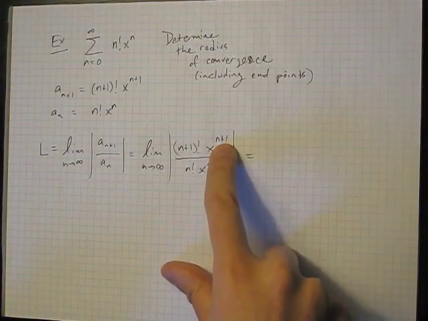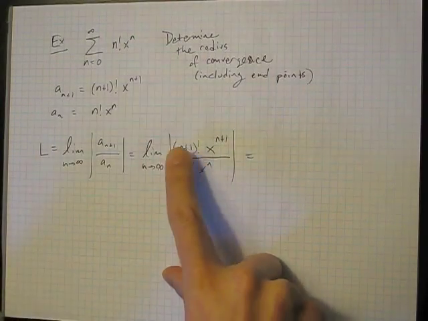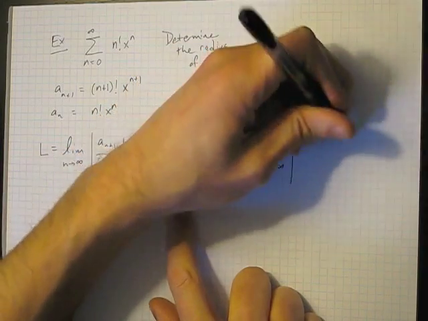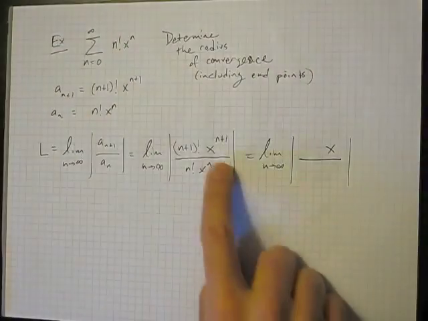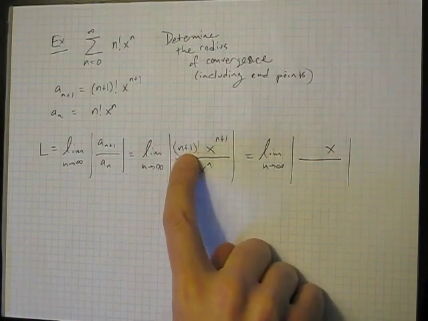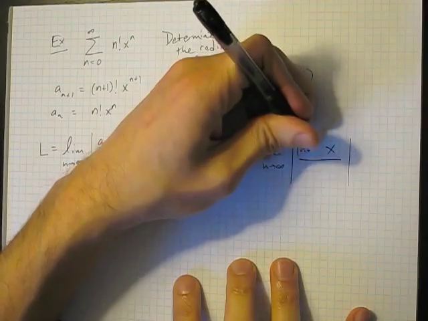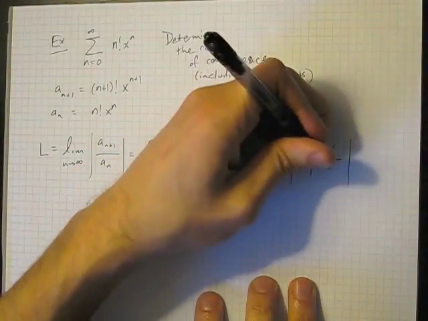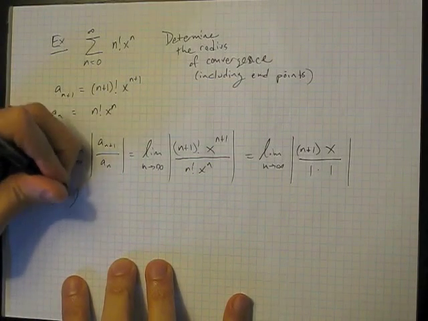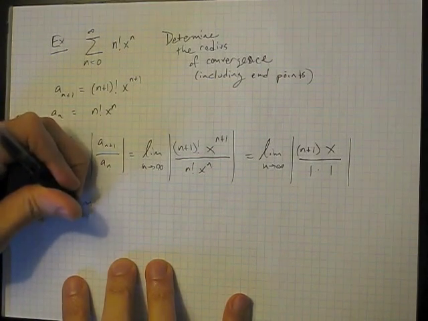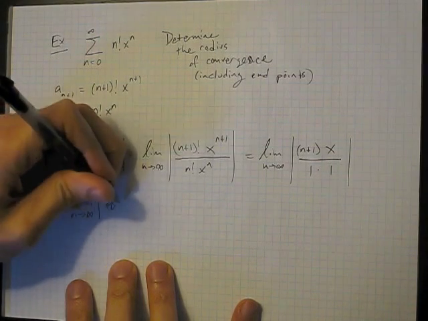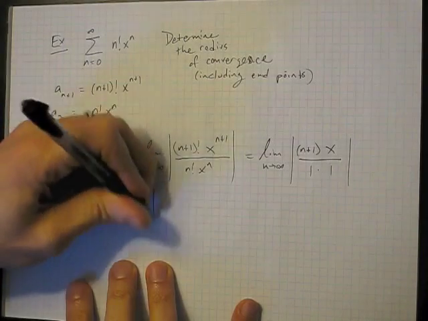So there are n plus 1 copies of x and n copies of x here, so that leaves us with 1 copy of x in the top, and then there were n factorials down here, and then n plus 1 factorials right here, so that leaves us with n plus 1 in the bottom. So here, down in the bottom, we just have 1s. So this is the limit as n goes to infinity of the absolute value of n plus 1 times x.